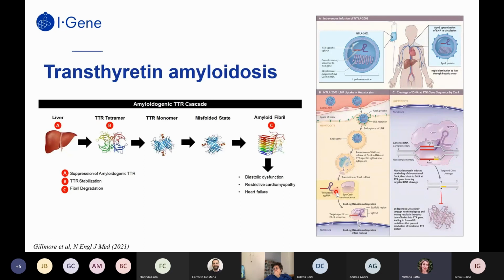There, they can edit the DNA of these hepatocytes, and thus the therapeutic efficiency of this medication is very, very high. Actually, one single injection is enough to cure these poor patients.